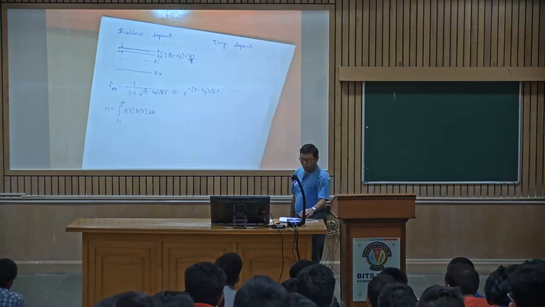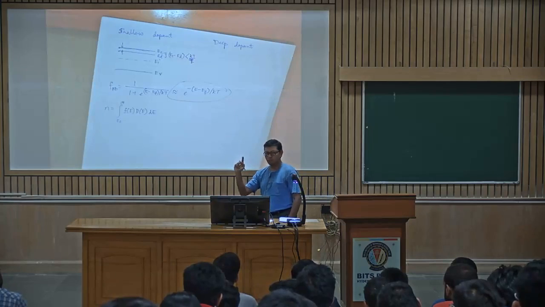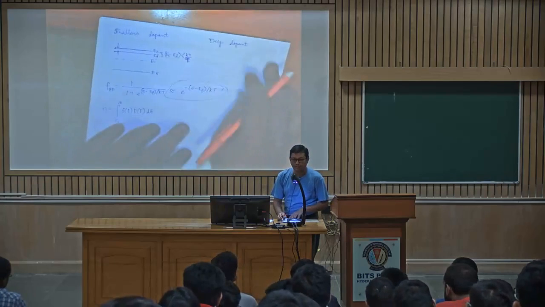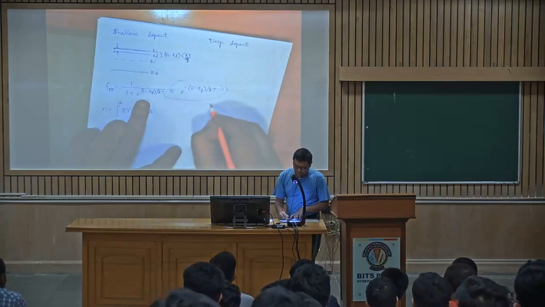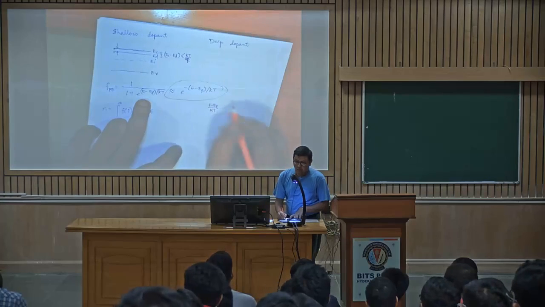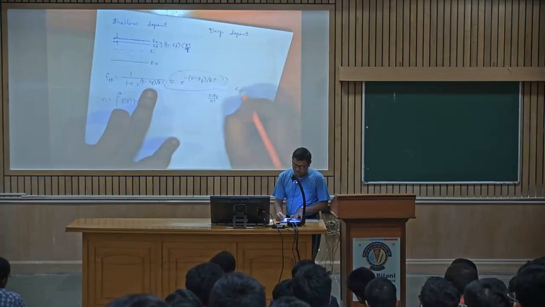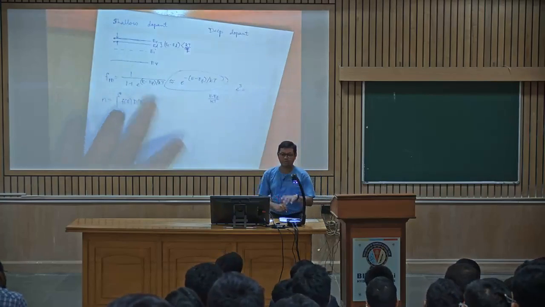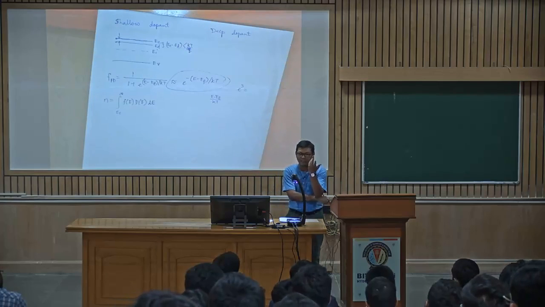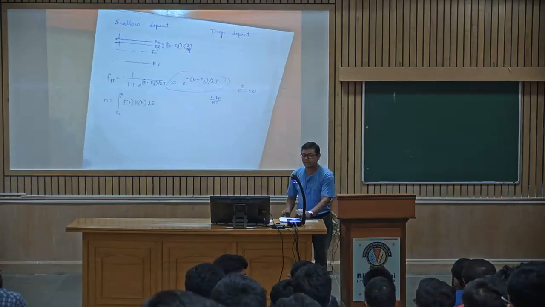When is this approximation possible? Think. (E minus EF) by kT should be greater than 3, 4 is not needed, 3 is enough, because e to the power of 3 is about 20.